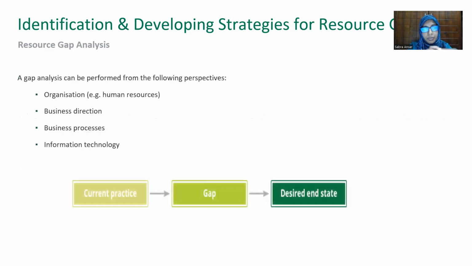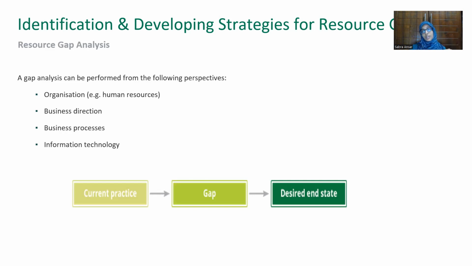Right, moving on. We'll look at perspectives in which gap analysis happens, generally in an organization. For example, human resources: we will be looking at the current workforce that the organization has and deciding how much human resource is needed to meet all the future needs.